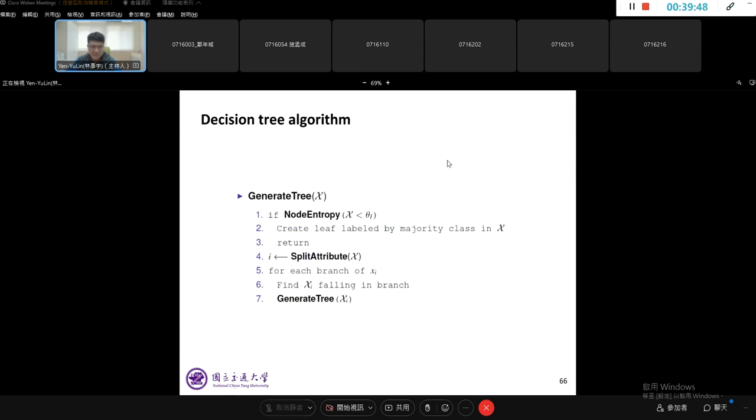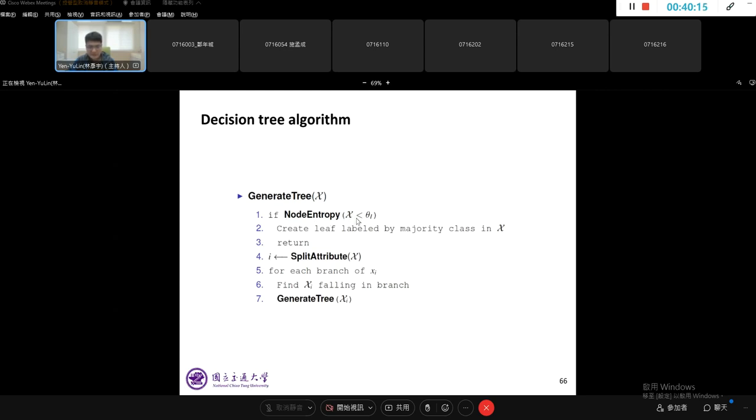Here is the algorithm to summarize what I told about a decision tree. This is the function used to generate a tree. So first of all, let's check if we can create a leaf node for the current data set.